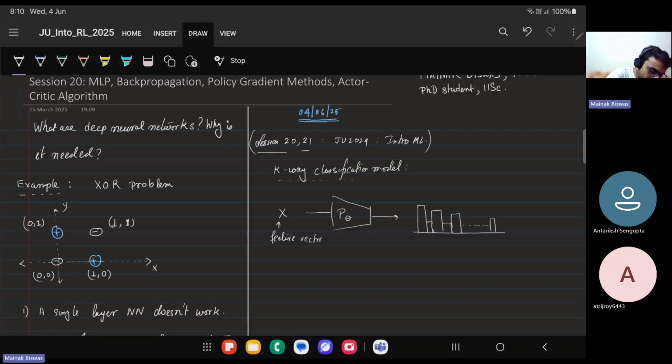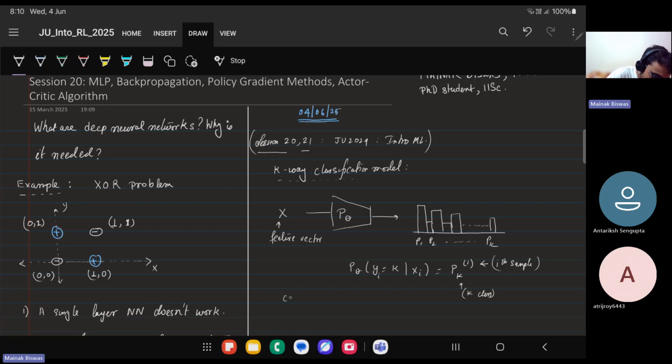So we discussed this last time, that P1, P2, dot dot, Pk, P theta of yi equal to k given xi is equal to Pk of the ith sample. This is the ith sample, kth class.